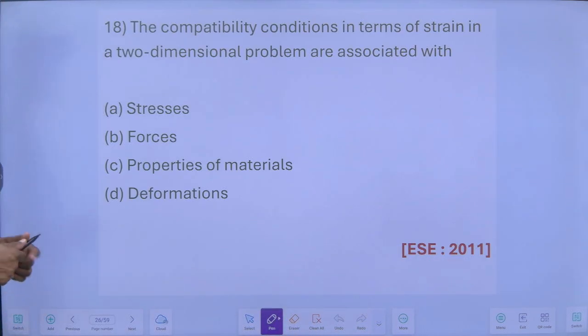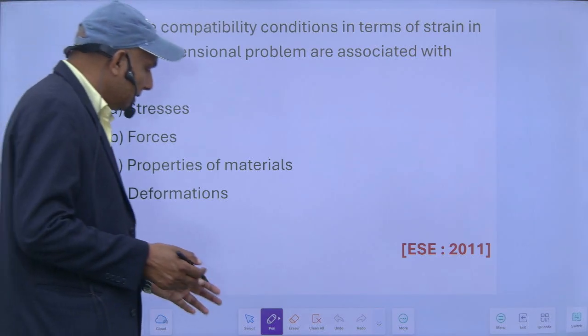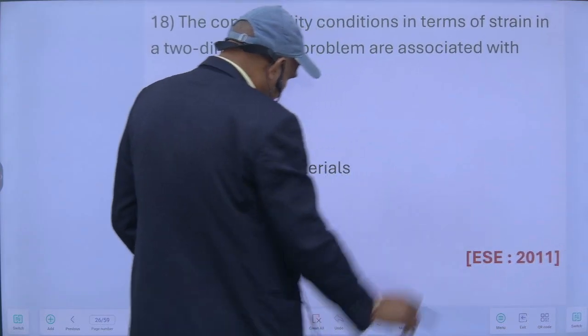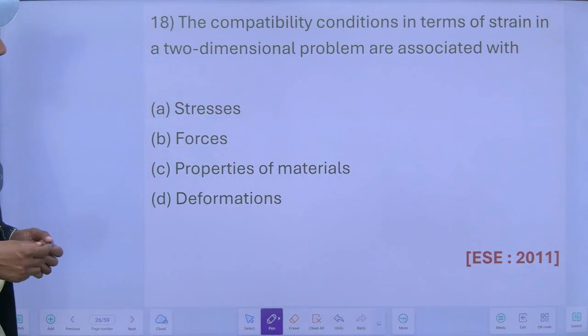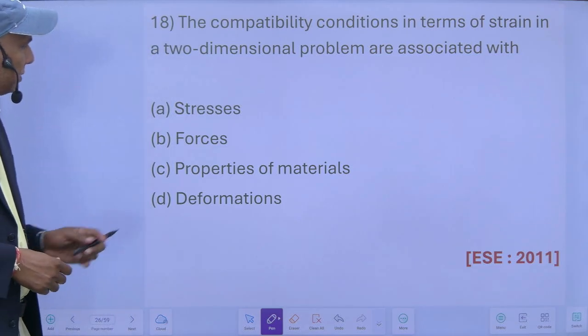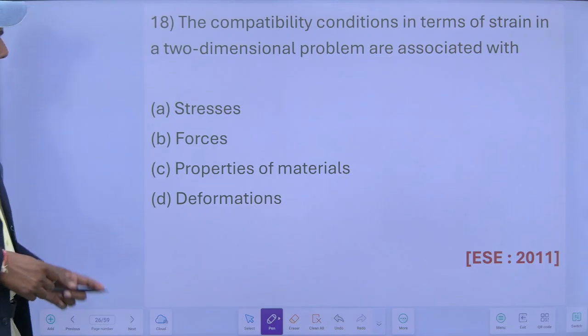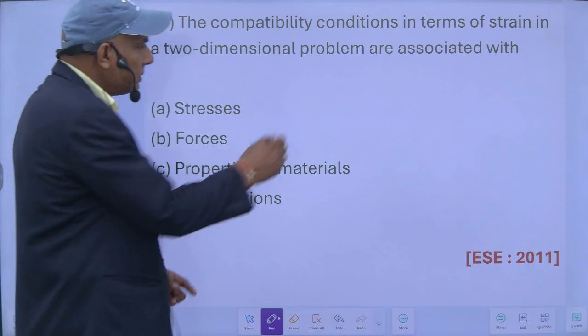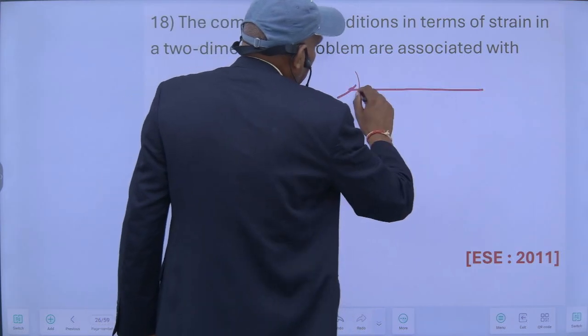The compatibility conditions in terms of strain in a two-dimensional problem are associated with what? Compatibility conditions always deal with deformations, not stresses or forces. So this is a deformation. Suppose this is a propped cantilever.